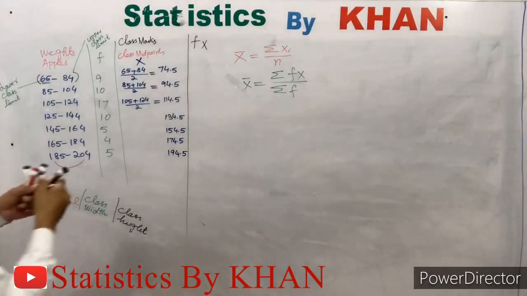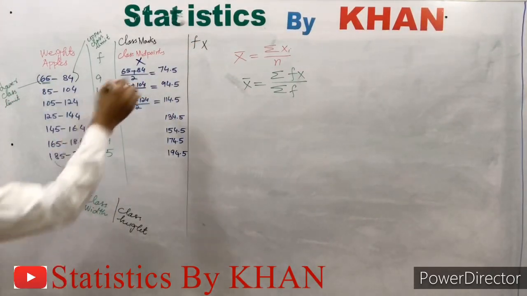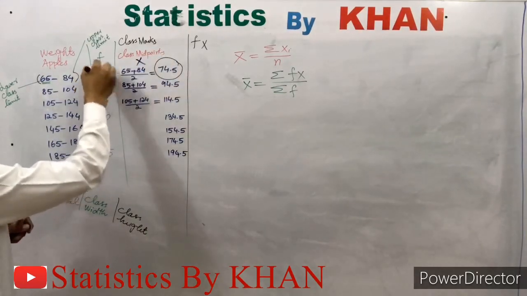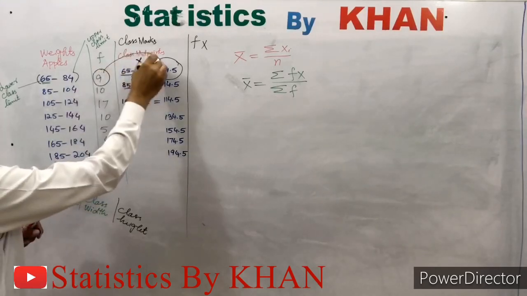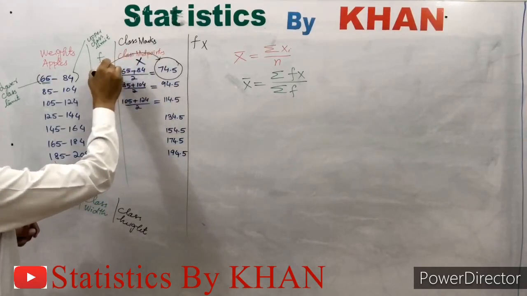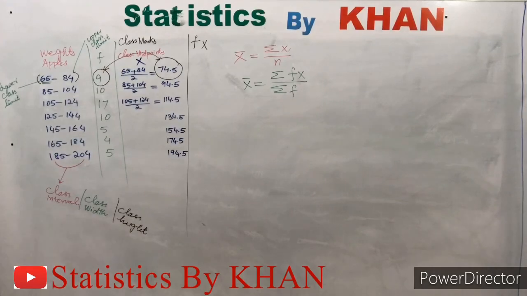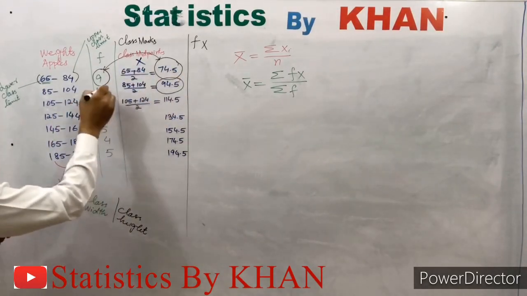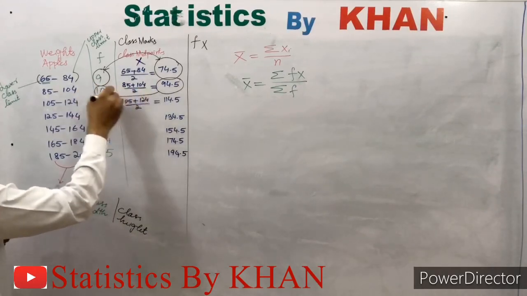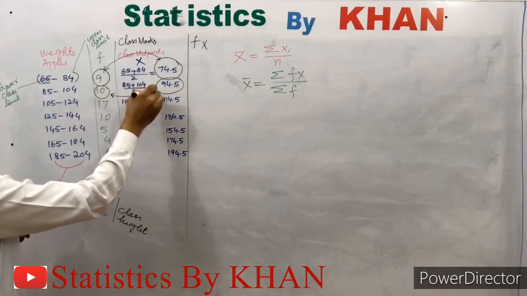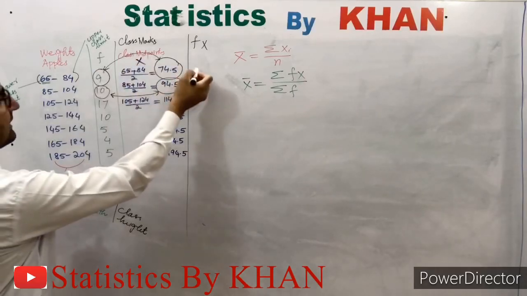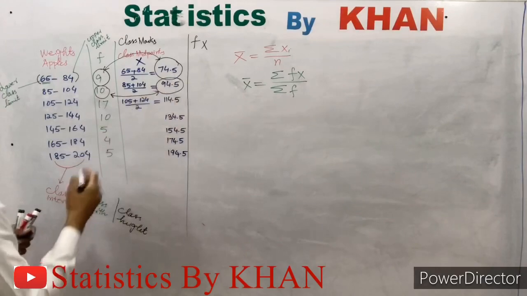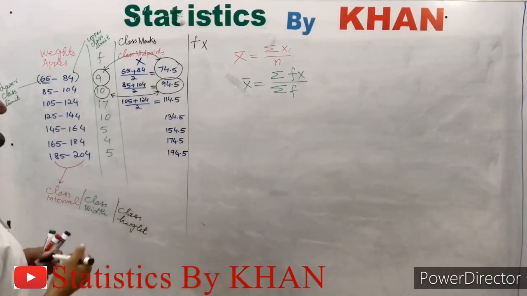We will multiply this value of x with the corresponding frequency. Similarly, we will multiply this 94.5 by the corresponding frequency and so on. We will multiply these two and write the answer over here, and similarly for all of the values.